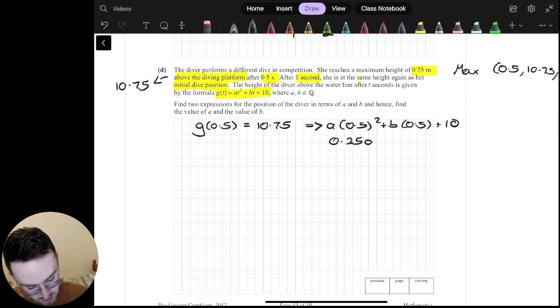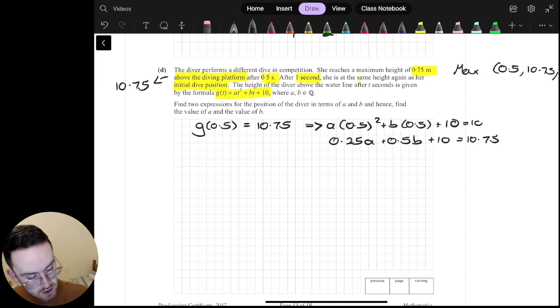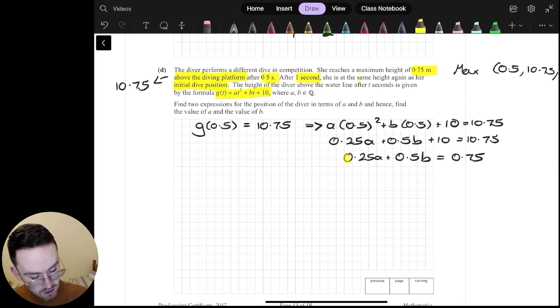So 0.25a plus 0.5b plus 10 is equal to 10.75, because we know that is the y value. Simplifying that down, we might be getting an idea now of what sort of question we're going to have. So this is one of our points, one of our equations or expressions, as they've said there, that we're going to be using.